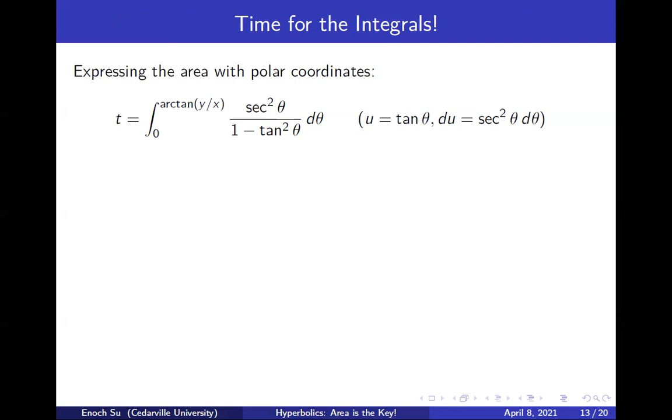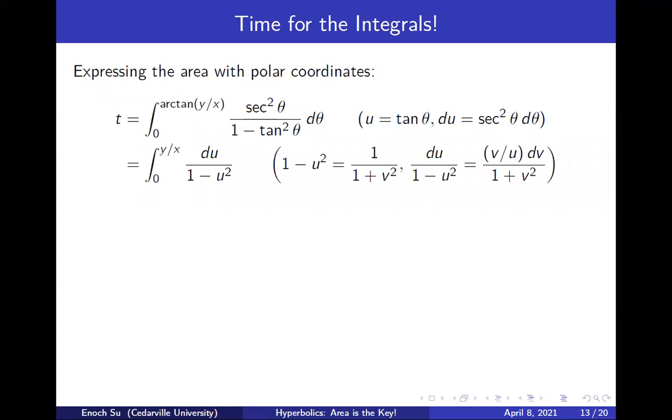Now we're going to go through a series of substitutions to get 3 big integrals that are all equivalent to this first one. So using u equal tangent theta, du equals secant squared theta d theta, we get the integral from 0 to y over x of du over 1 minus u squared. So that is integral 1. The next 2 integrals are going to be a little bit tricky yet clever in that we have to do certain substitutions.